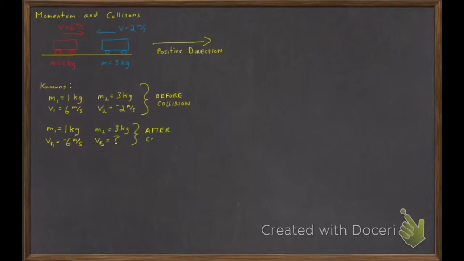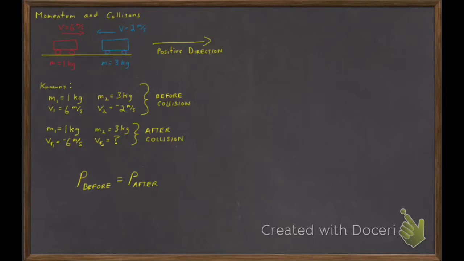Okay. Well, in order to find the velocity final of the blue cart, we will use the equation P before, or momentum before, equals P after. Okay? And what this is saying is, what is the momentum before of the object.